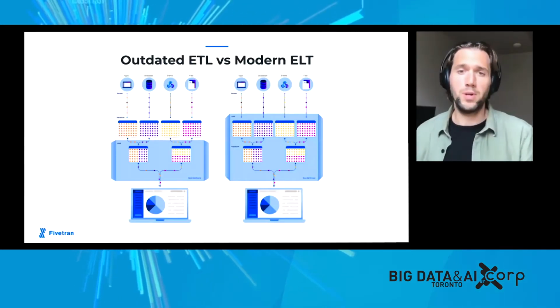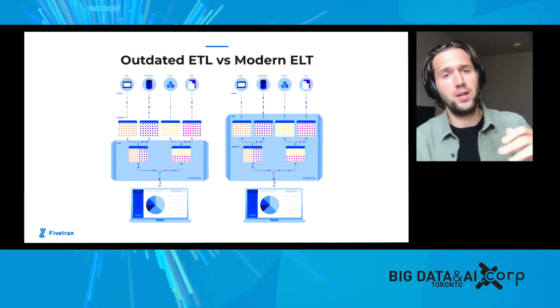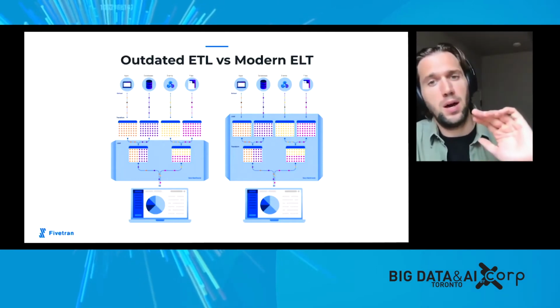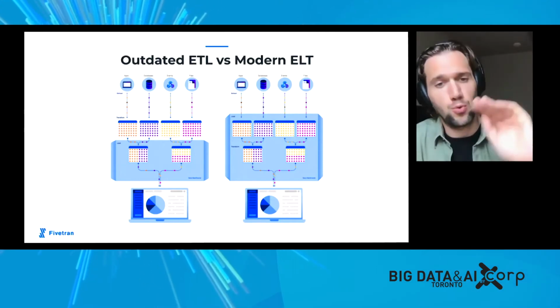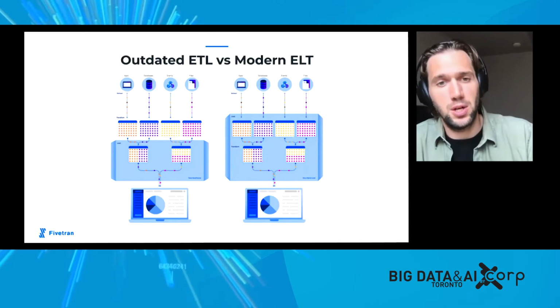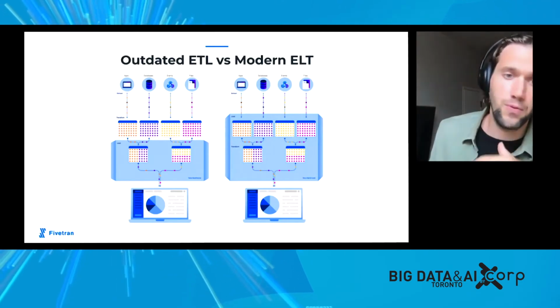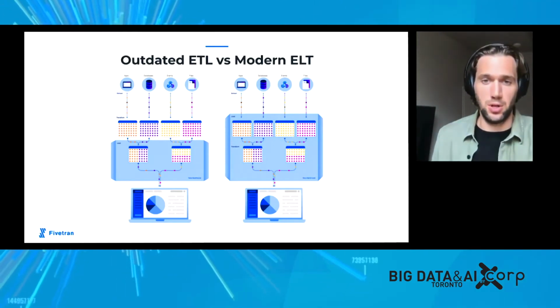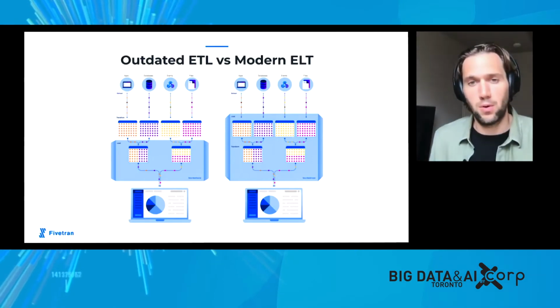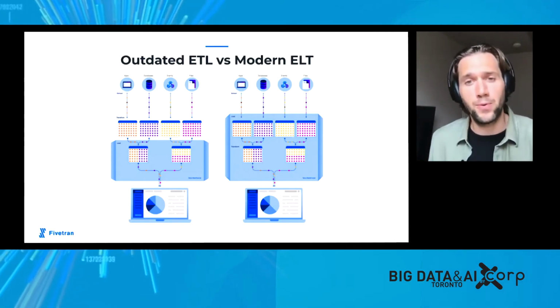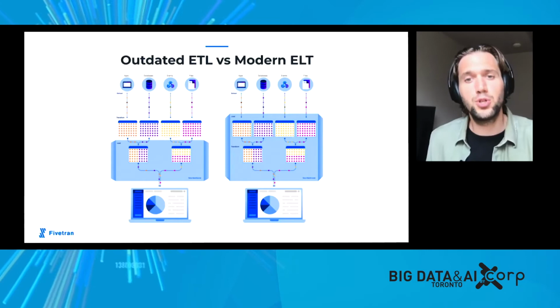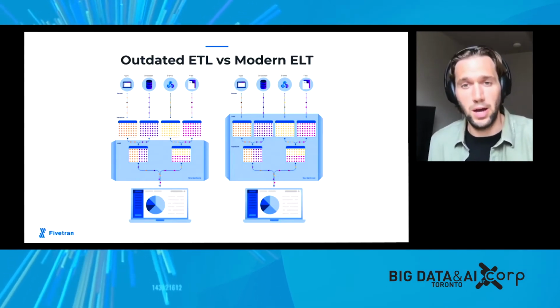Now, what's happening here is that we've actually moved the loading of the data directly into the destination, and we're no longer transforming outside of the destination. We're now relying on the data warehouse's very powerful, fast compute to do that transformation for us.